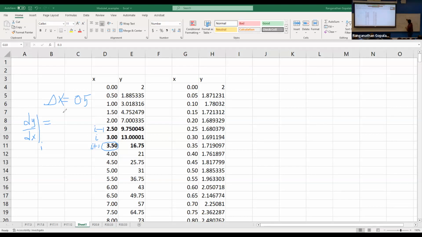And how do I get central differencing here? I need to consider y i minus 1, which is y i minus dy over dx at i multiplied by delta x plus d squared y over dx squared at i multiplied by delta x squared over 2 factorial, plus and so on.